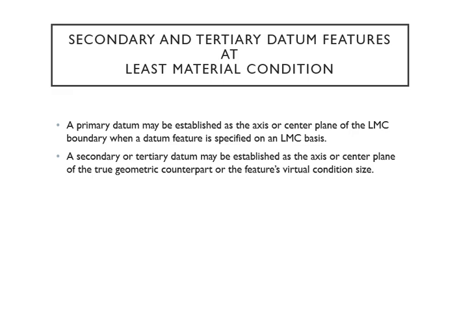We have to establish the primary datum, and that datum can be an axis or plane. But now instead of the MMC, we're going to the LMC boundary. Let's take a look at it. We do have to find the secondary and tertiary datum, and they can also be an axis or center plane, depending on the true geometric counterpart of those features.